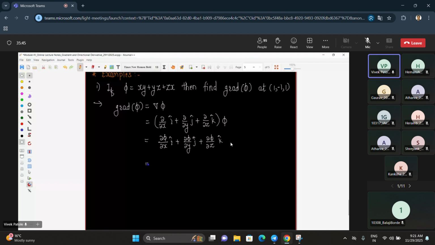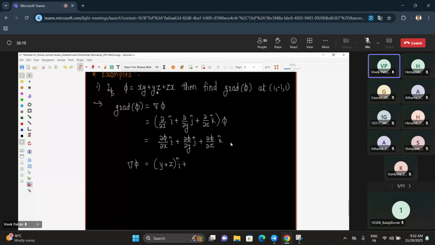Our phi is xy plus yz plus zx. So del phi is equal to, now we have to differentiate our scalar function phi partially with respect to x.